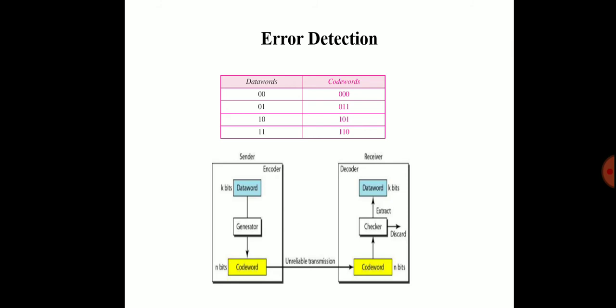This is not a valid code word and is discarded. Third, the code word is corrupted during transmission and 000 is received. This is a valid code word. The receiver incorrectly extracts the data word 00. Two corrupted bits have made the error undetectable.